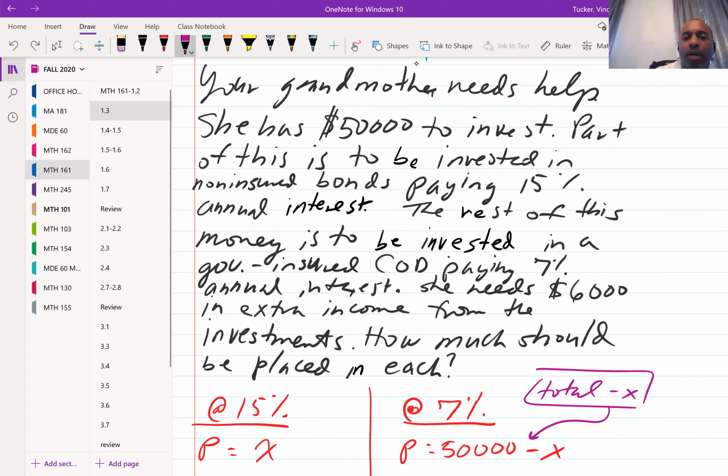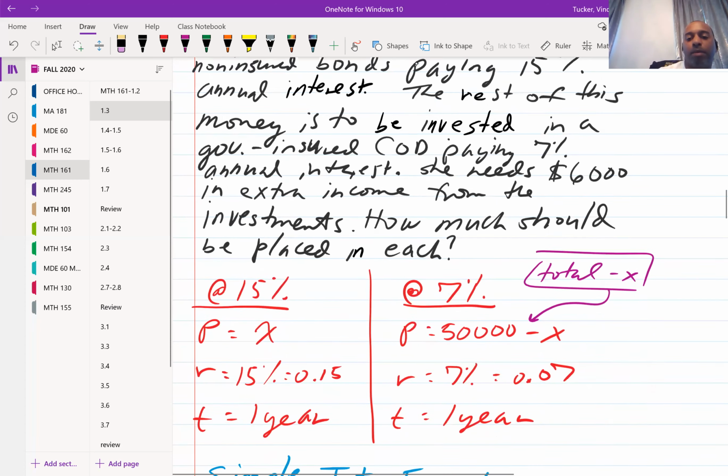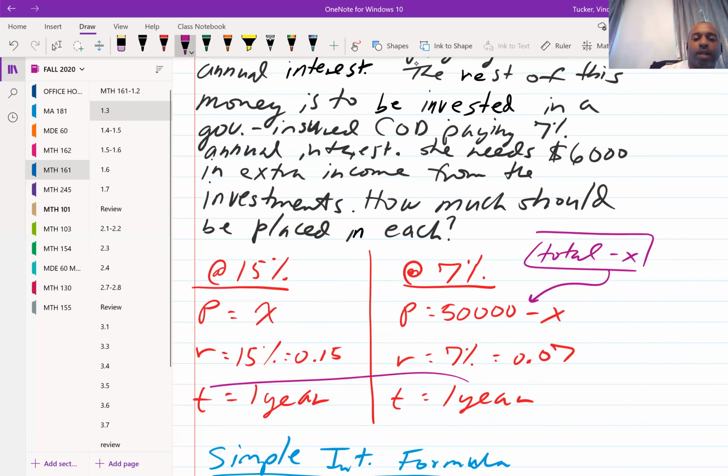So we're talking about a year. Look for the keyword: part of this to be invested, the rest of this money to be invested. Annual interest. So we're just looking at annually, after the interest is applied, how much is in the account or how much will you receive. So we're just looking at 1 year. They didn't state anything else but this 1 year, earning how much money will she earn in a year. So that's why the time is 1 year for both of them.